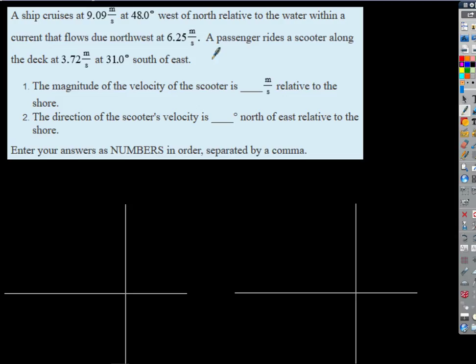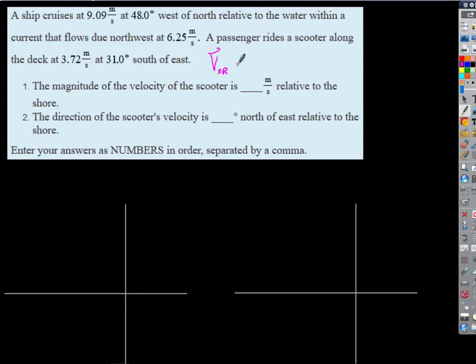The first one we've got, let's just for now call it V for velocity of ship relative to water, right? So we could say V sub SW, right?